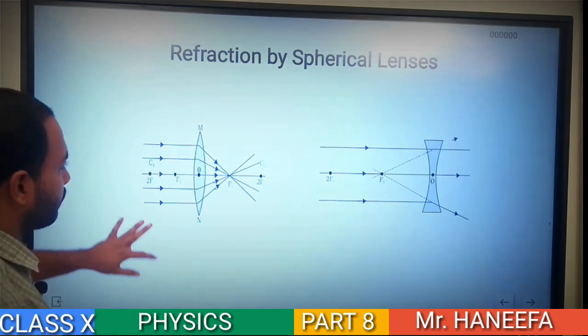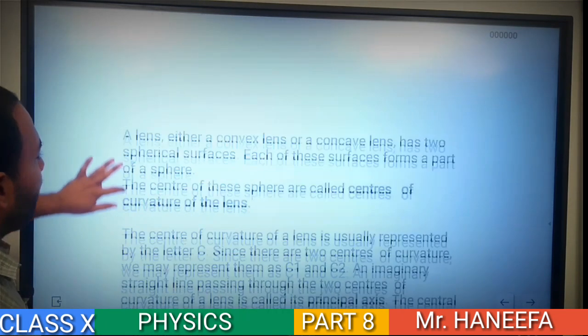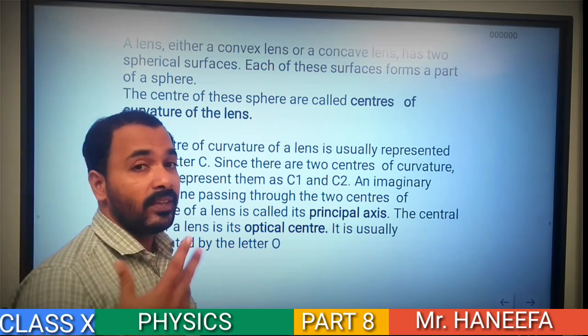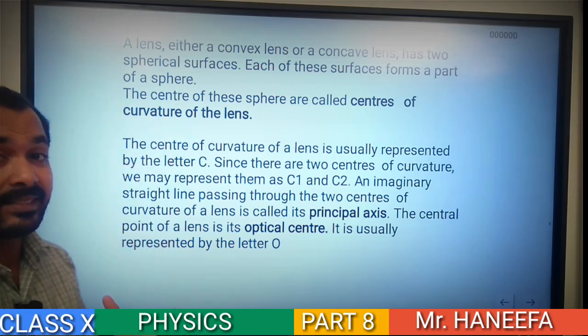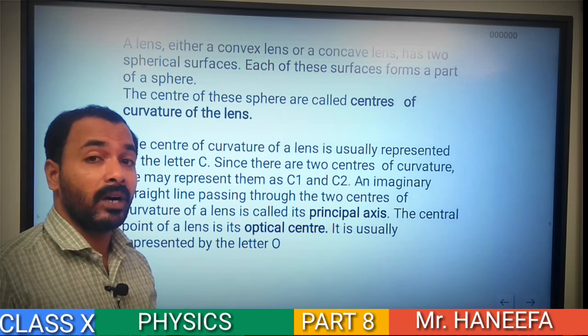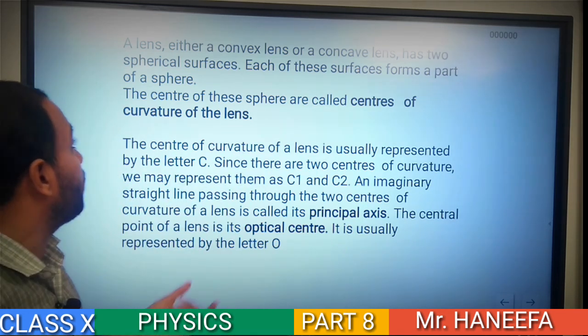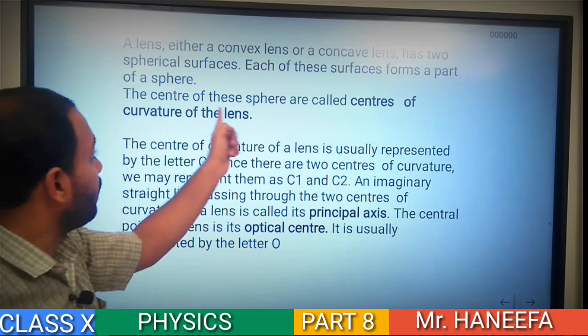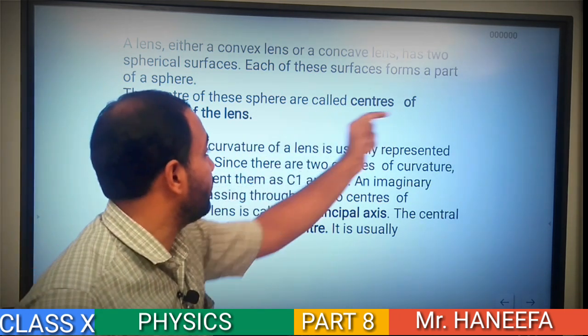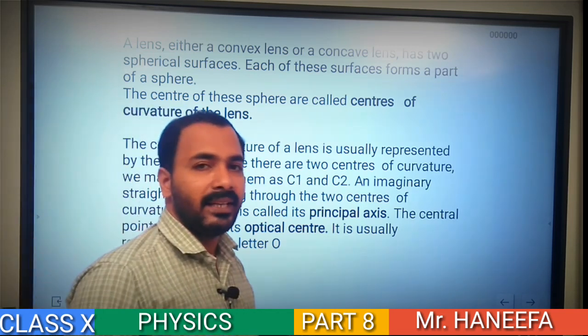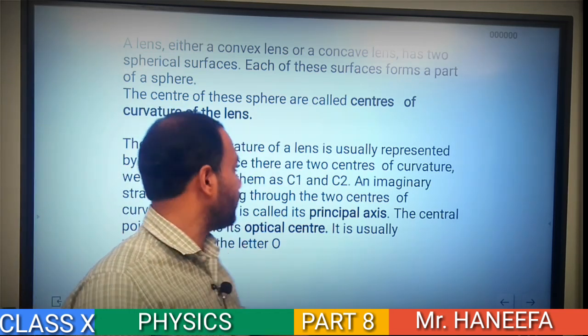Then a lens, either convex lens or concave lens, has two spherical surfaces, or it is the part of two spheres. Each of these surfaces forms a part of a sphere. The centers of these spheres are called centers of curvature of the lens, represented by the letters C1 and C2.